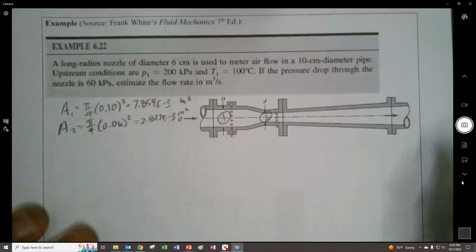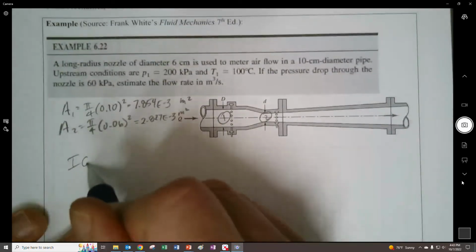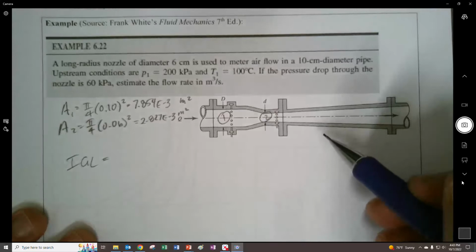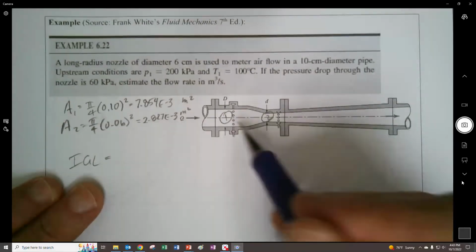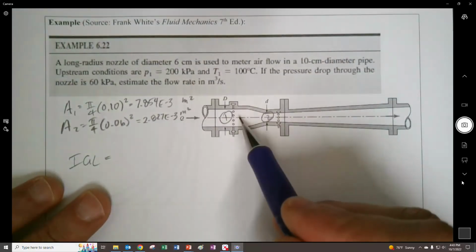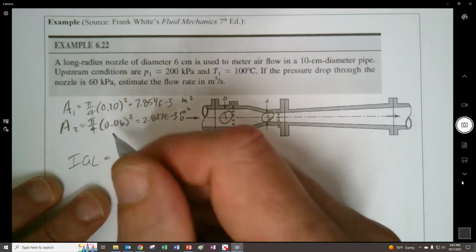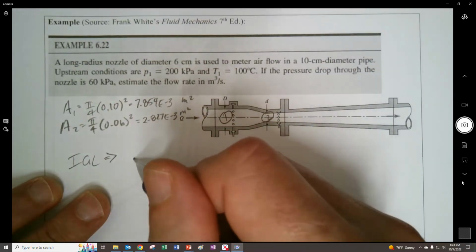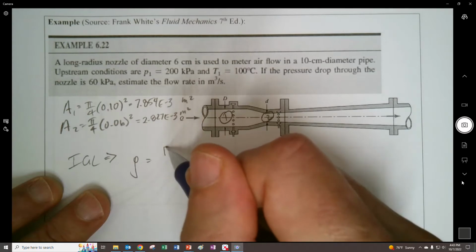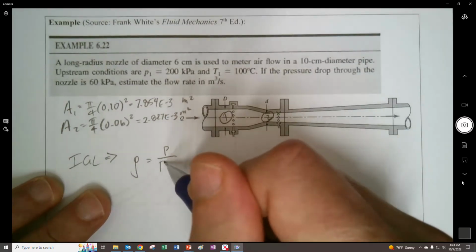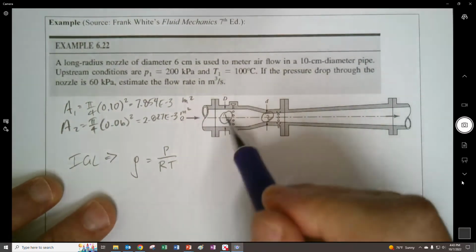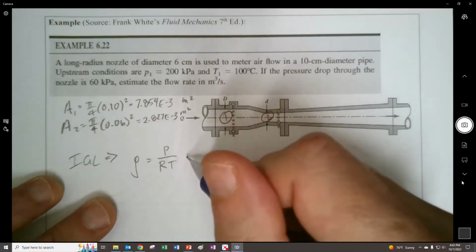Okay. So we're going to use the ideal gas law, and we're going to probably have to look up some parameters for air. The ideal gas law, let's write that out: the density is going to be P divided by RT, at the inlet, on this side over here.